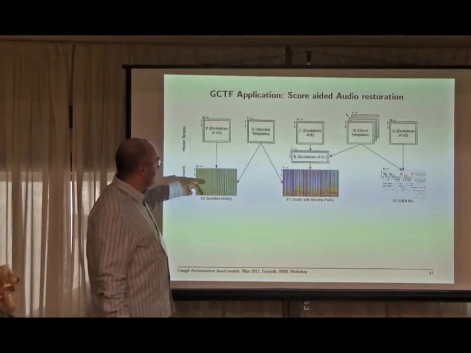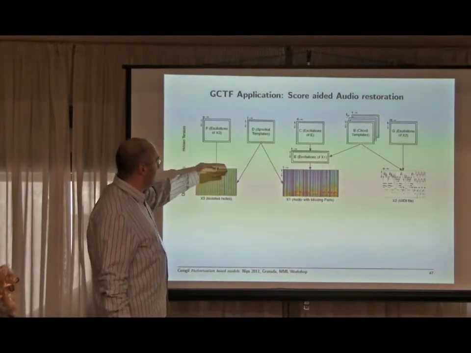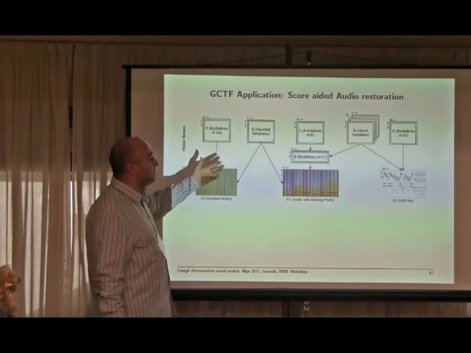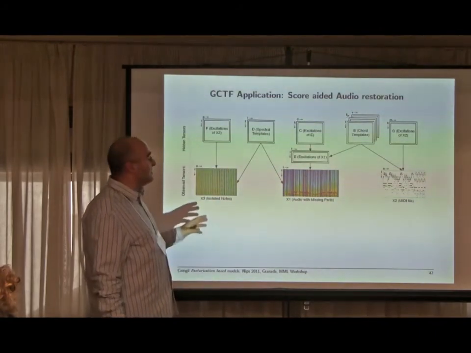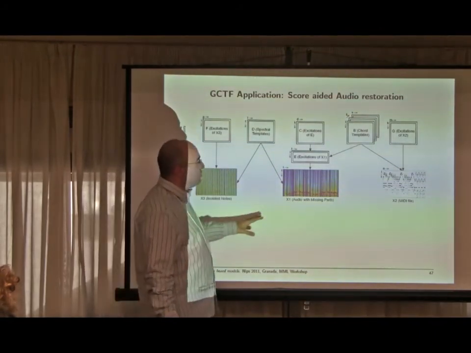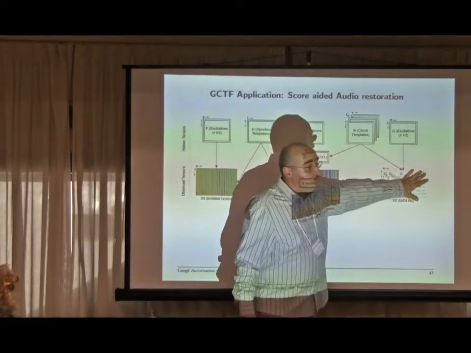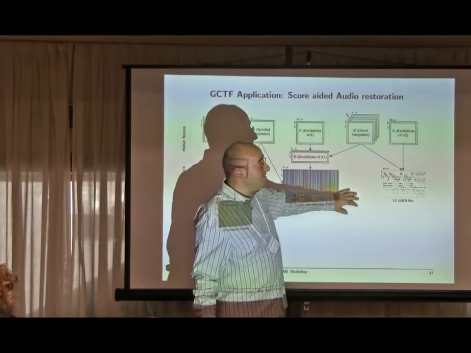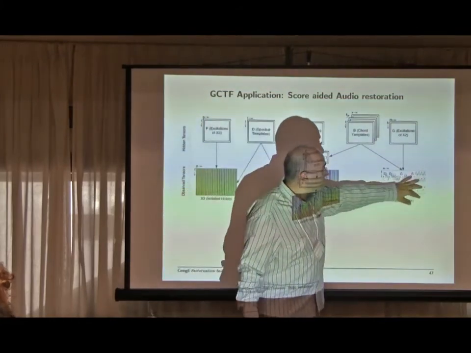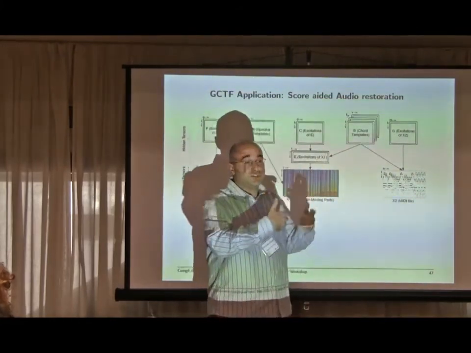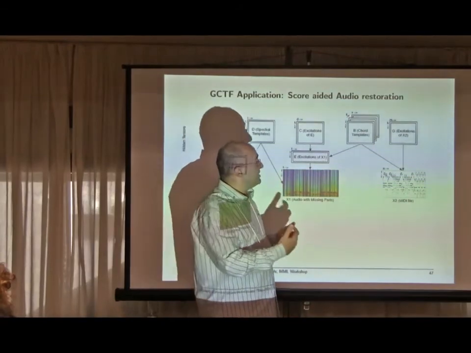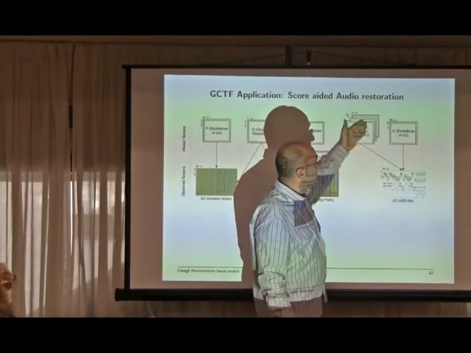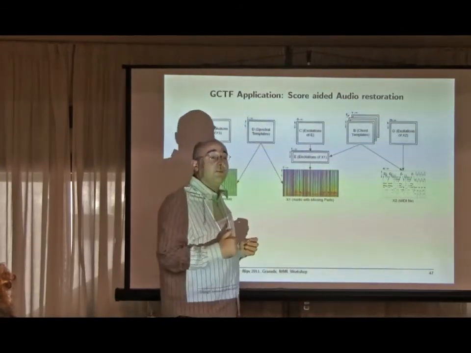Here we provide side information, some spectrogram shapes from, say, a piano, if you know this is a piano piece. And the interesting part of this model is we also provide side information from musical scores, which are again viewed as matrices. The idea is that if you have a musical score, there is some harmonic structure which is repeating itself. So that can also be represented conveniently using a factorized structure.